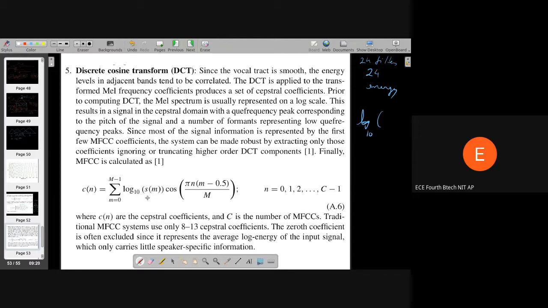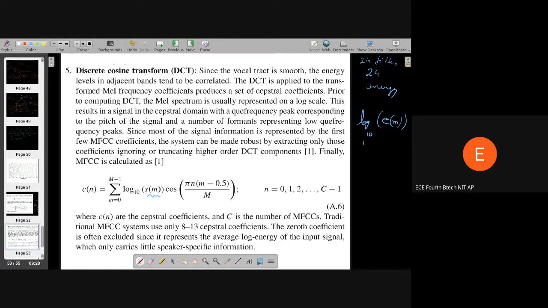Here it is denoted as M, but you can take something else. You can say E of M if you want energy. So that is the energy you got for each Mel filter.